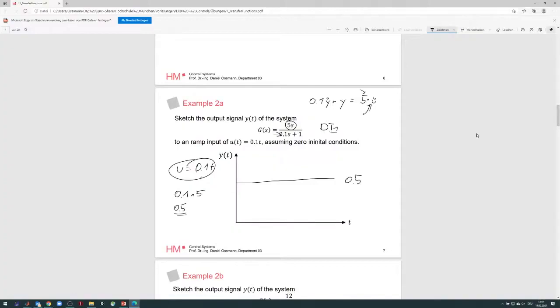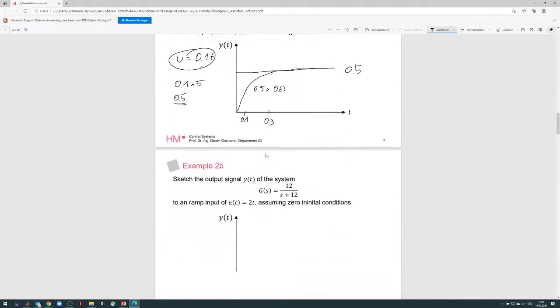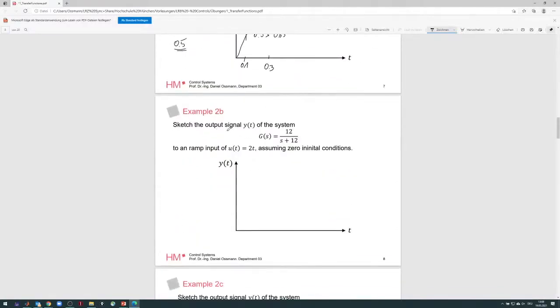You have a lag with a time constant of 0.1 seconds, so it needs to go something like this. And you're achieving 63% after exactly 0.1, and you are at 95% after 0.3. That's basically it.